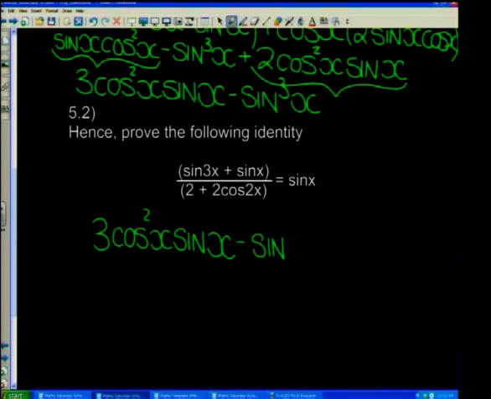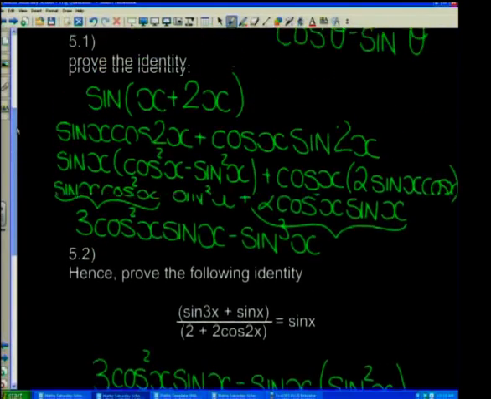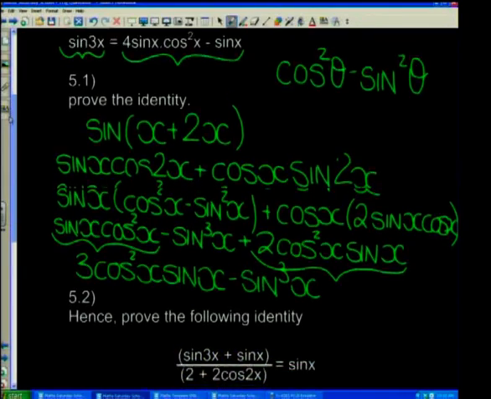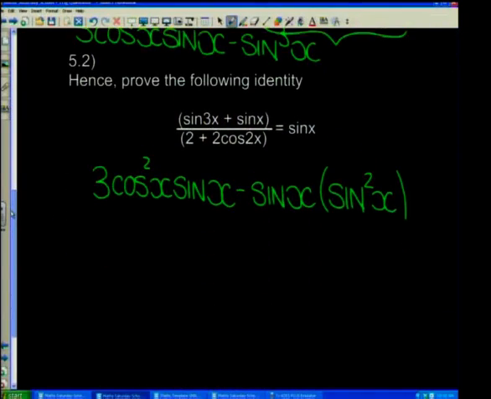Now what I'm going to do is let's convert this, and let's write it as sine squared x. We're trying to get the identity to look with a 4, a sine x cos squared x minus sine x.